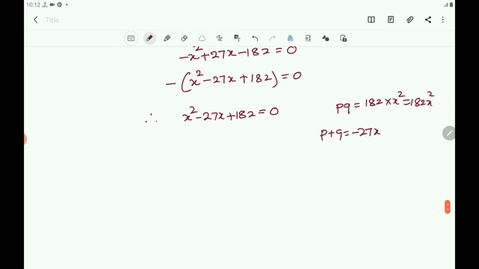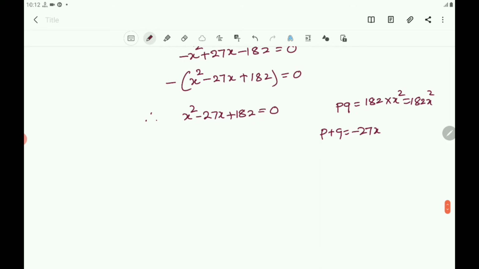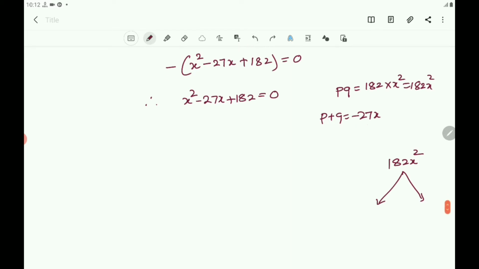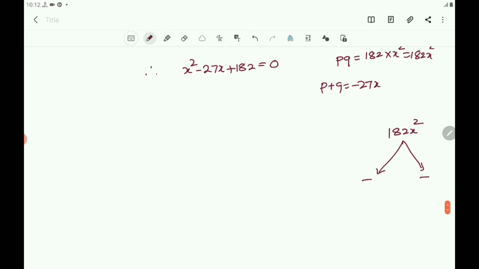Now here we have to find the factors of 182 in such a way that the sum is 27, and you know that 182 x square is positive. As the product is positive, the factors have the same sign, and which sign must the factors have here? The sign of the middle term, that is minus. So both the factors must have minus. Now you get the factors of 182 x square.